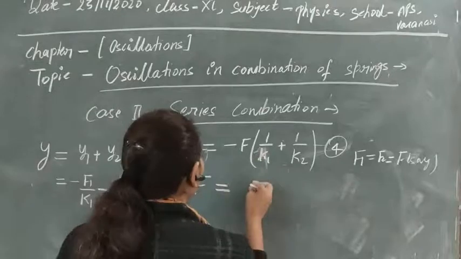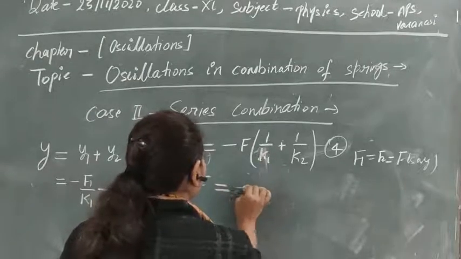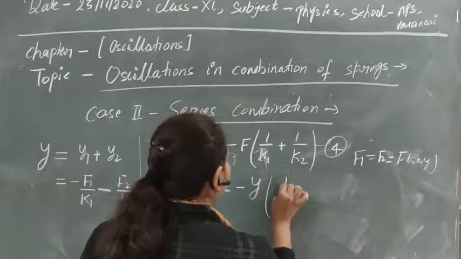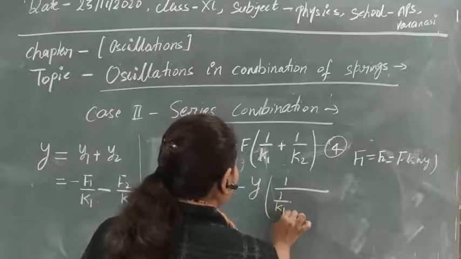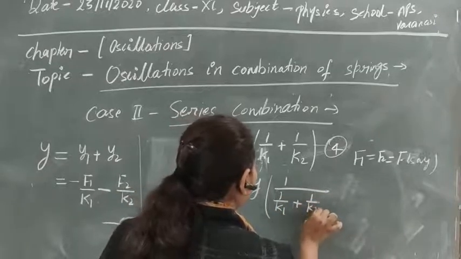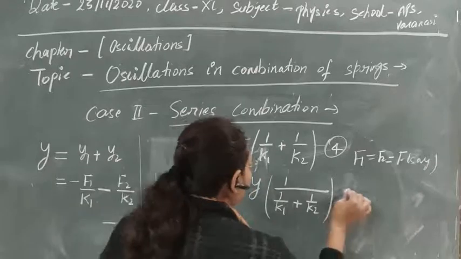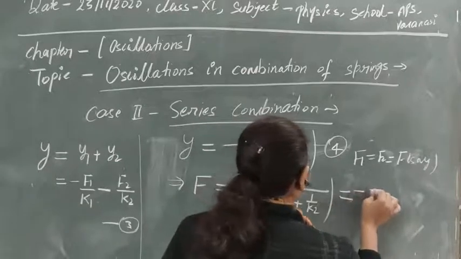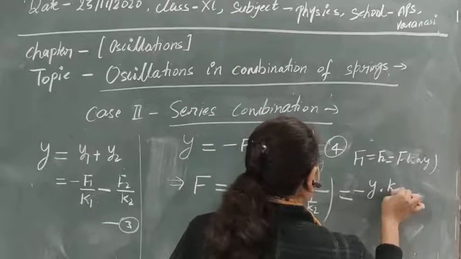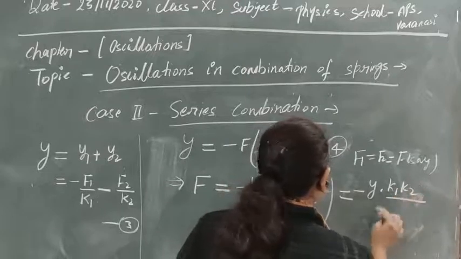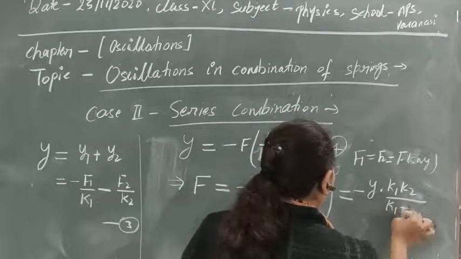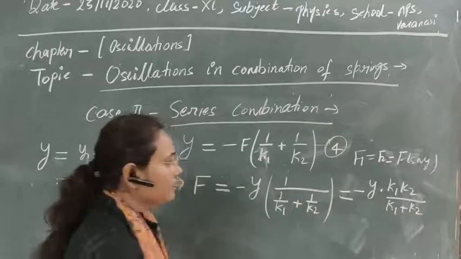So that is totally equal to minus y into 1 upon K1 plus 1 upon K2, or after solving it we can obtain minus y into K1 K2 divided by K1 plus K2. Clear?